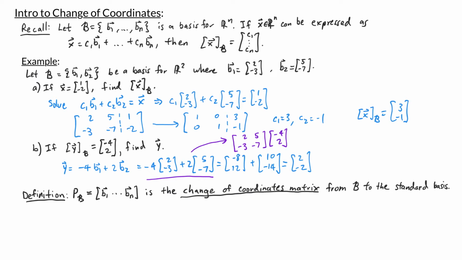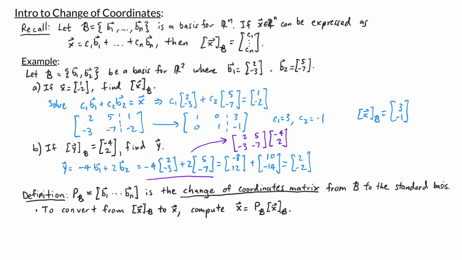This matrix is what we call the change of coordinates matrix from B to the standard basis, and we usually call that matrix P_B. From our example, we saw that if we want to convert from the B coordinates of a vector to the standard coordinates, we just have to multiply the B coordinate vector by the change of coordinates matrix. So we see here that the vector x is equal to P_B times the B coordinate vector for x.